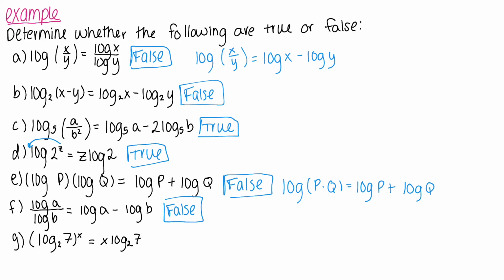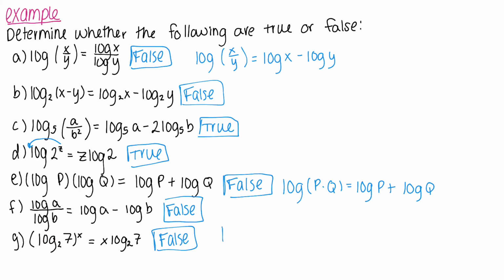It's once again a situation of up here, part A. It only separates into subtraction if its inside is being divided, so x over y on the inside of the log. And G is false. So this is false because the exponent is on the outside of the entire logarithm. So you can't bring the x down in front if it's outside of the logarithm.